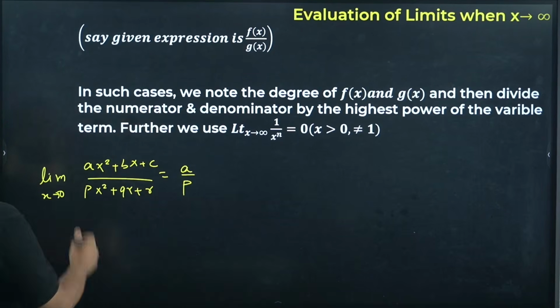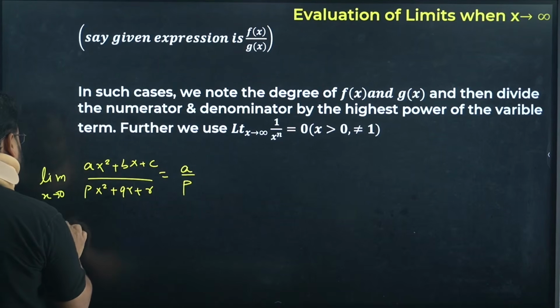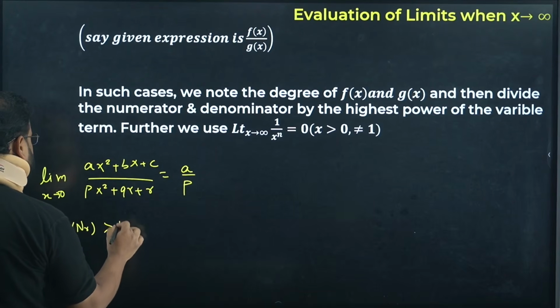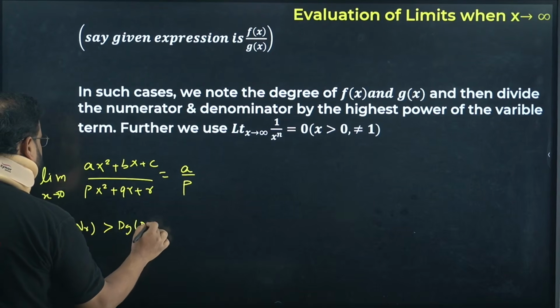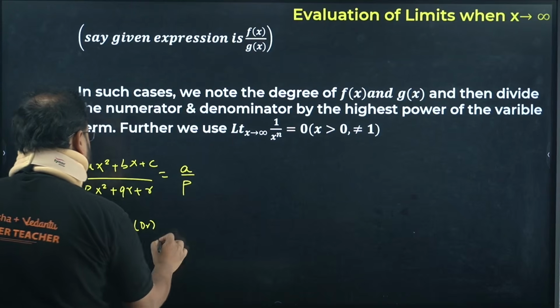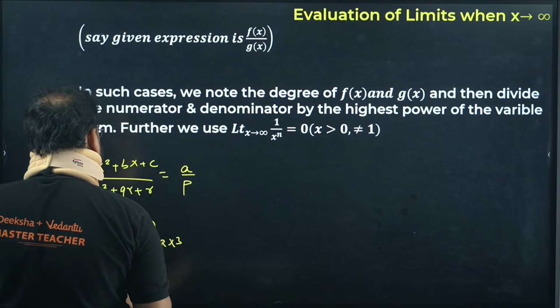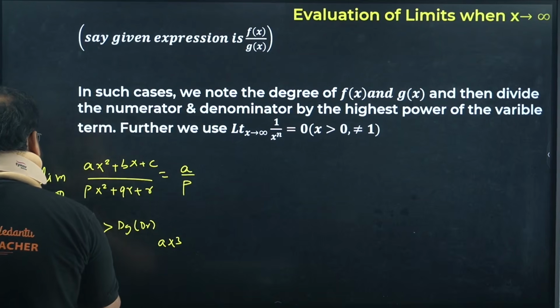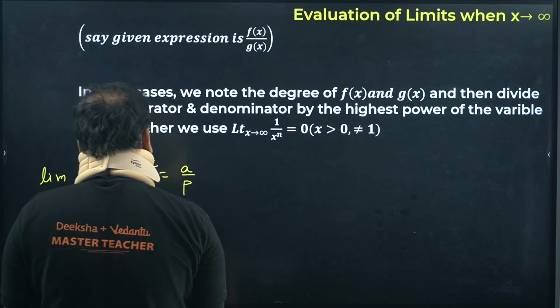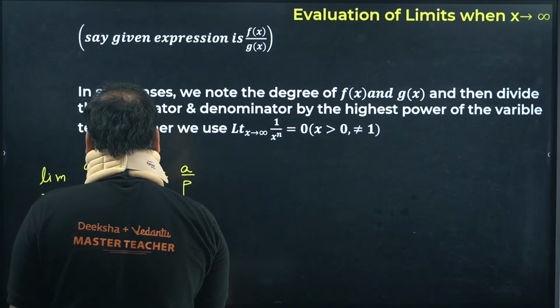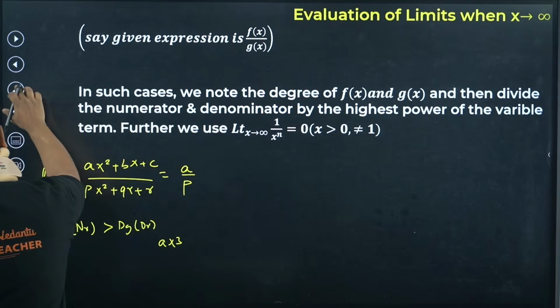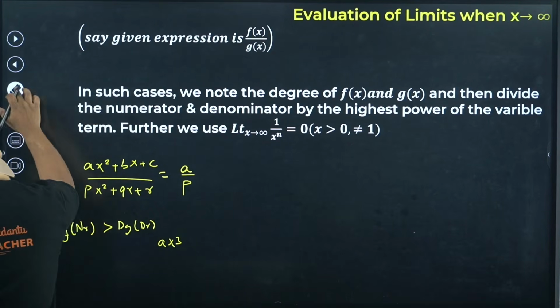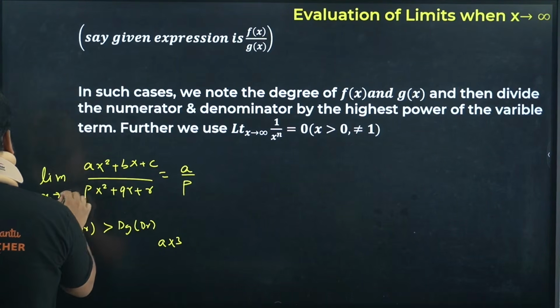How about if you have over here 0? If the degree of the numerator is more than the degree of the denominator, what does it mean, sir? It means that if it is ax cube, this is infinity actually.